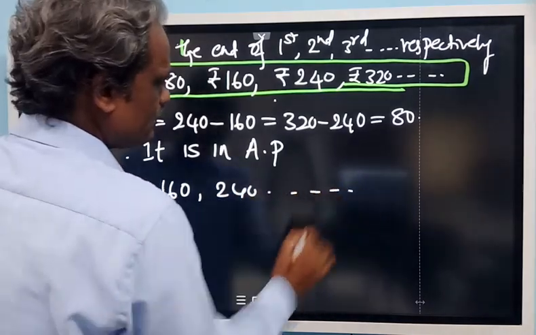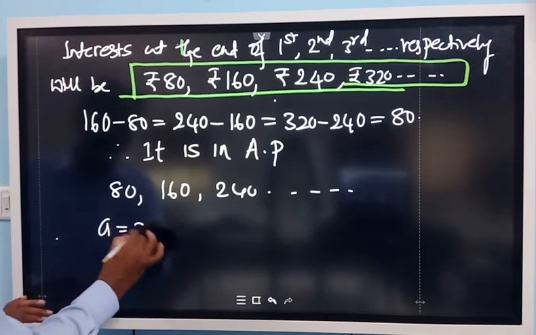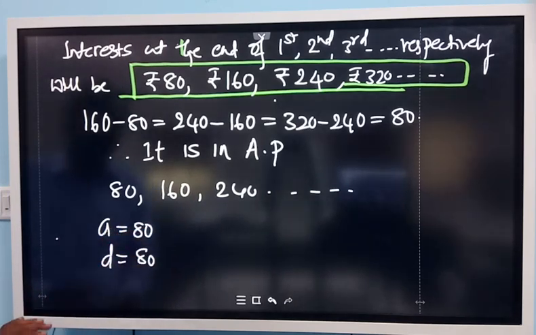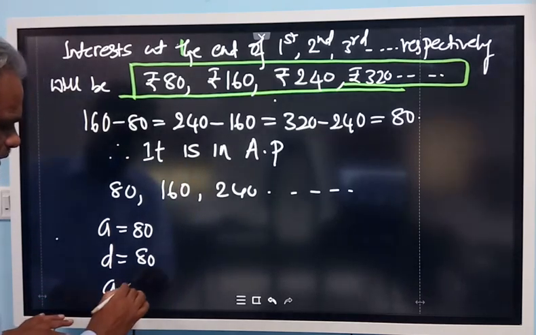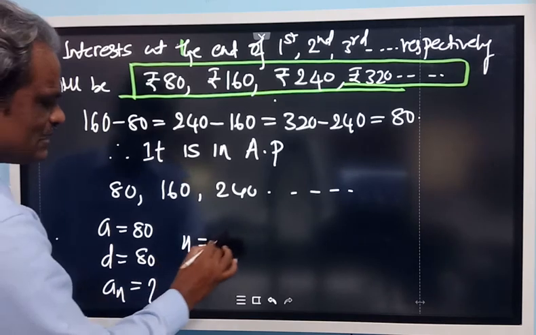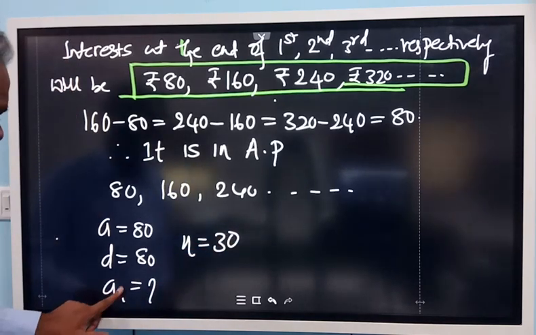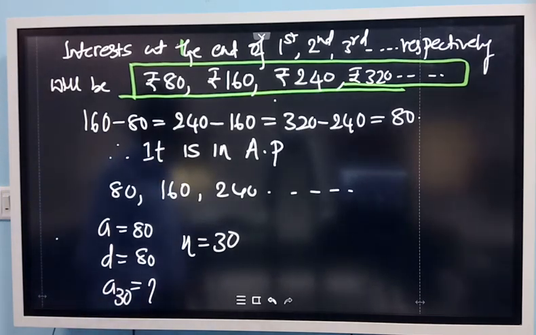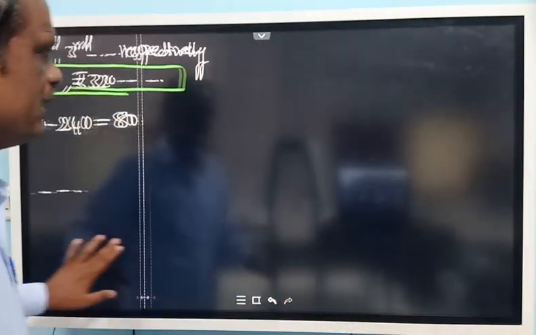It is an AP. Now a, the first term, a1, is 80. Common difference is also 80. And I want to find out the nth term, an is question mark, and n is 30. The 30th term I want. So let us find out a30.